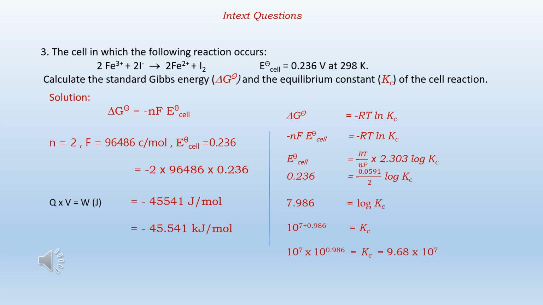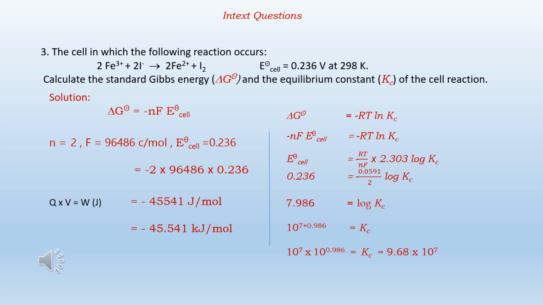Whatever result you get here is in joule per mole, because n doesn't have any units, E, the cell potential, has the unit of voltage, and the Faraday constant has the unit of charge per mole, that is C per mole. Charge into voltage is joule.